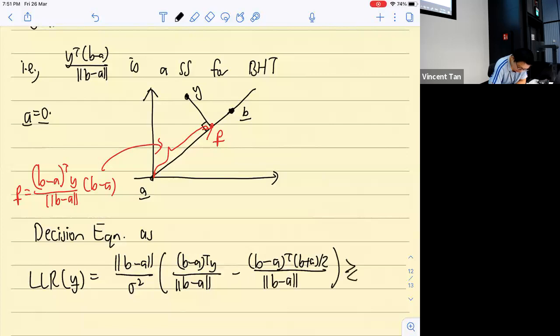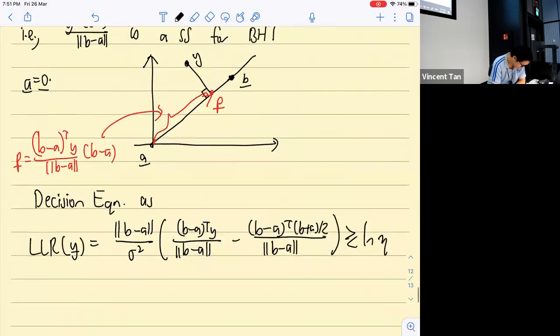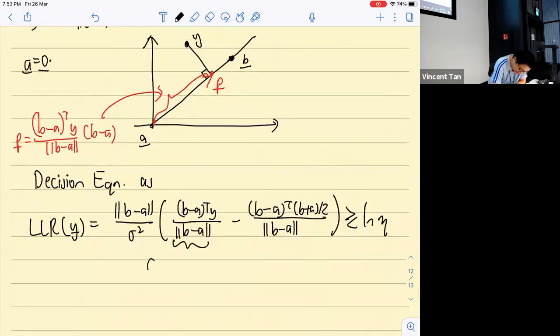And compare it to log eta. So this is nothing but the component of Y in the signal direction.